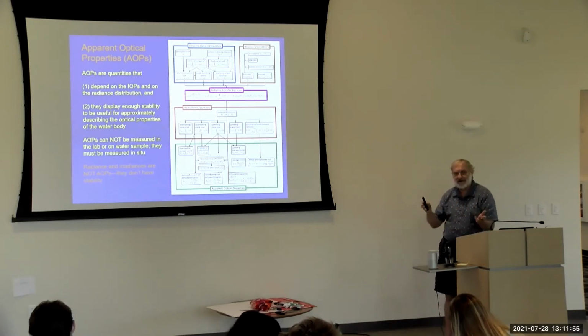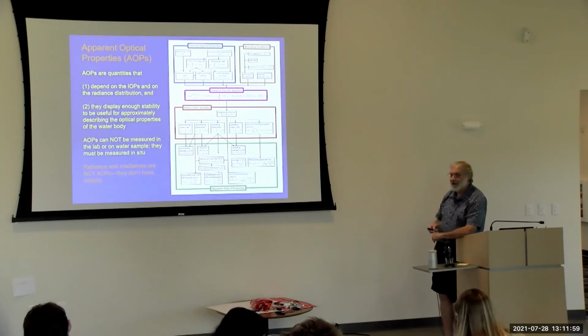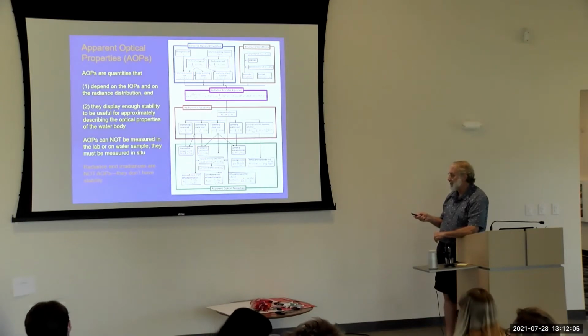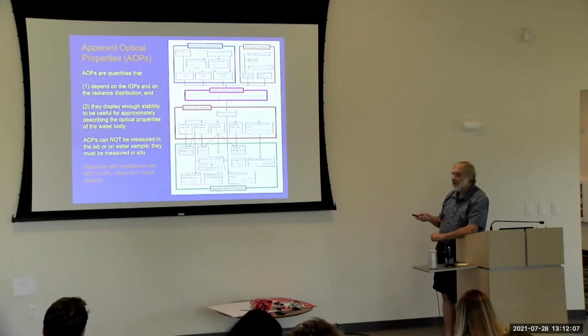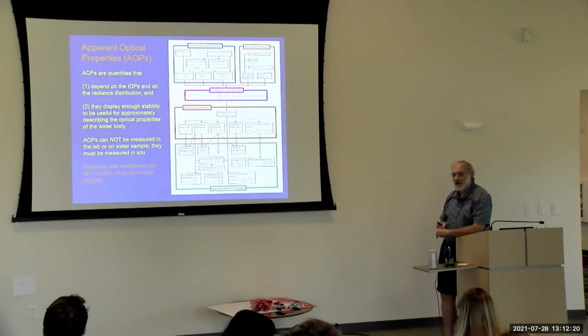So whatever light's in the water is going to affect the AOP, and whatever the IOPs are is going to affect it. But the second half of the definition is that to be an AOP, whatever it is has to display enough stability or regularity to be useful for approximately describing the optical properties of a water body.